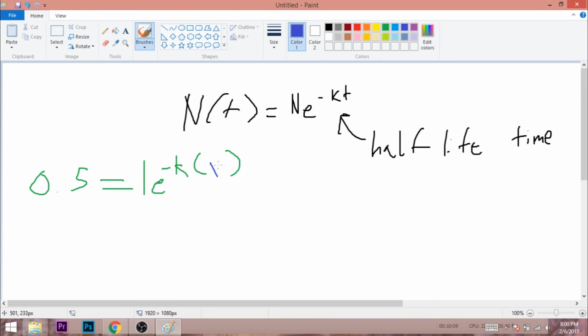Like, let's say they give you the half-life of this much time. It takes this much time to become half. You're going to solve for the k, and once you do, and you're looking for the time it takes to decay to a certain amount, you'd be able to place this k into the equation, right? N would be your starting amount.